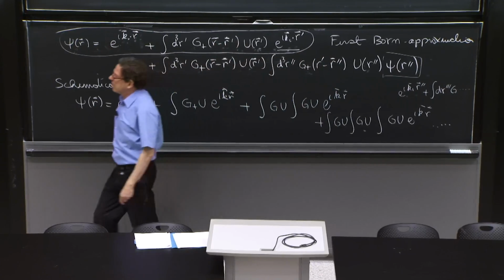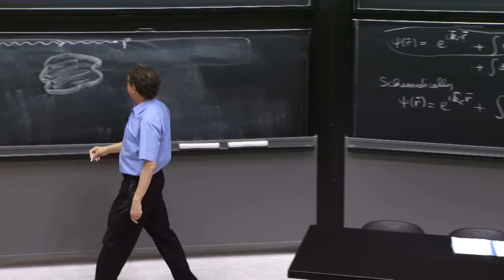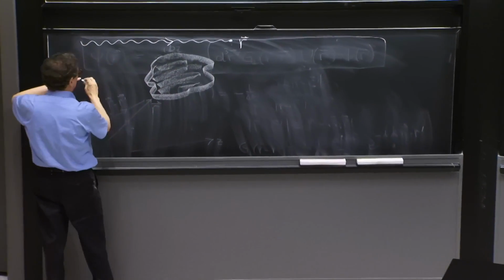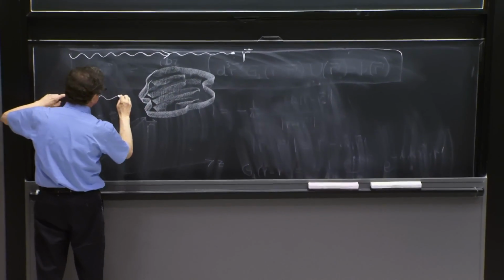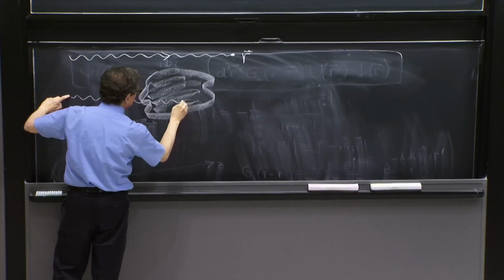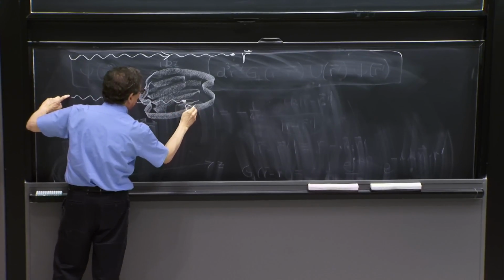So our interpretation of this diagrammatically is that another part of the incoming wave came here and got to the point R prime.